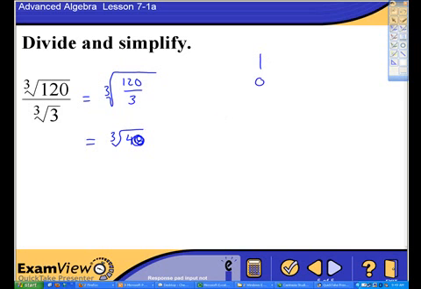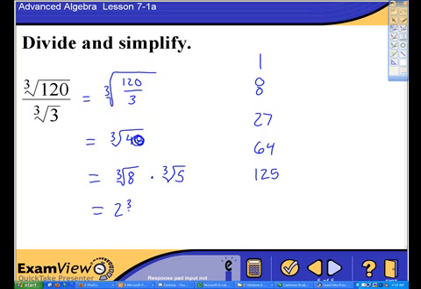We remember those are 1, 8, 27, 64, and 125. Well, I know 8 goes in there, so let's factor out 8. Cube root 8 times cube root 5. 8 is the second perfect cube, so the cube root of 8 is 2. So we should get 2 cube root 5.